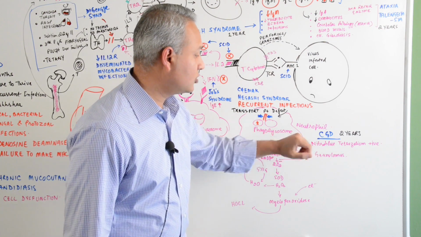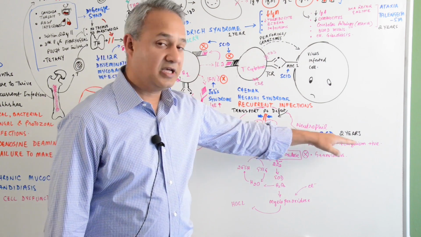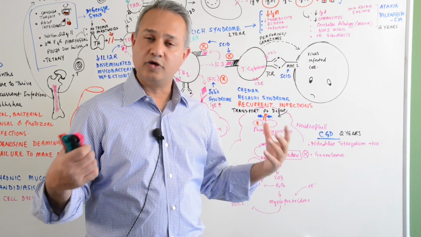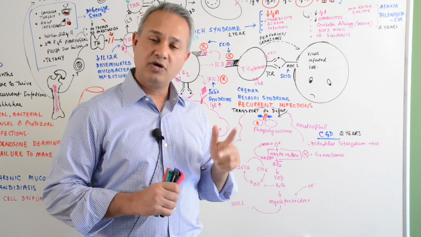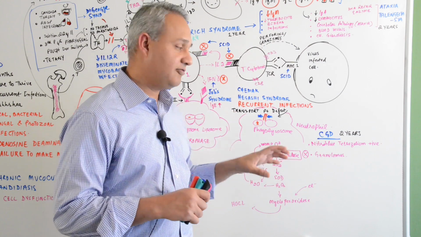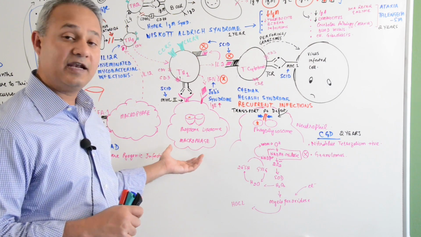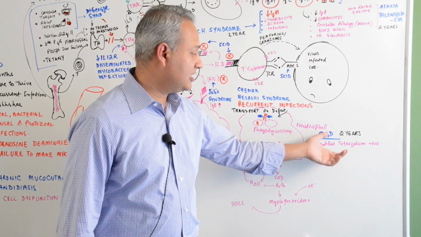Then if you see chronic granulomatous disease, normally appearing at 2 years of age, chronic granulomas, recurrent infections and granulomas. Granulomas with what? Viruses? No. Extracellular bacteria? No. Intracellular bacteria, which would need to be killed by neutrophils and macrophages, and they would need the activation. That is where it would appear.